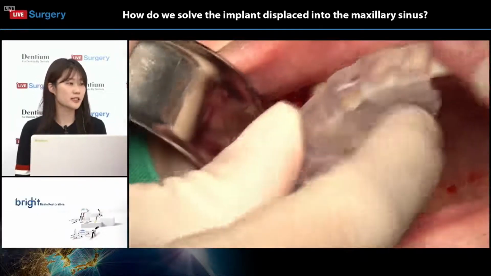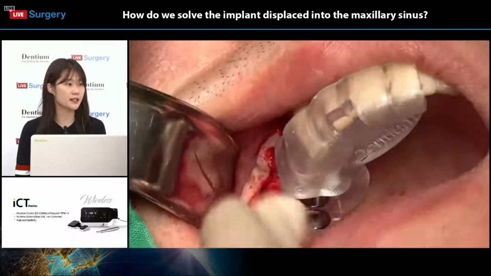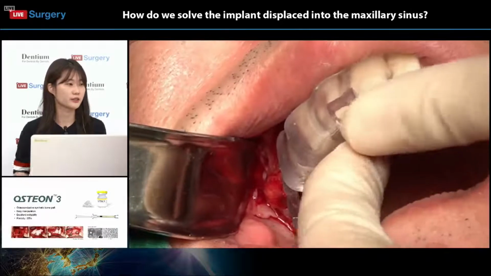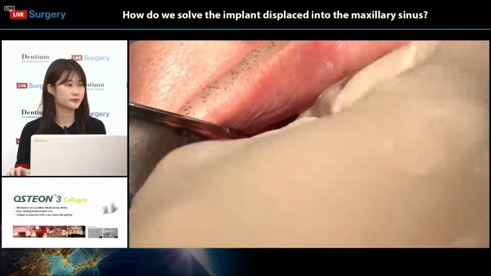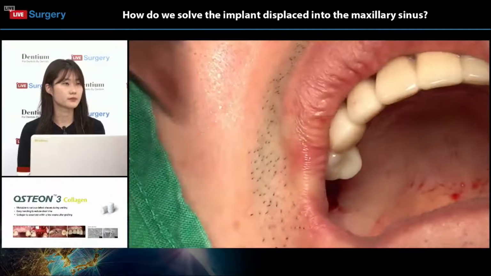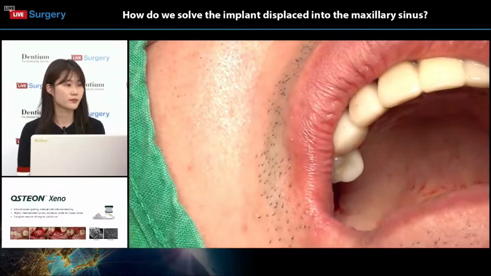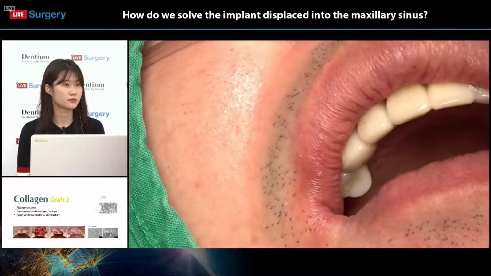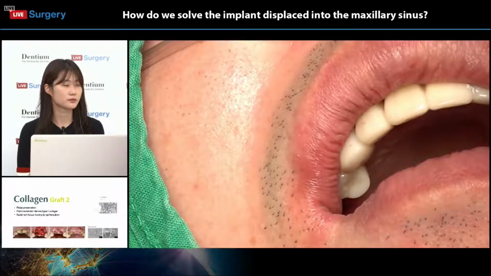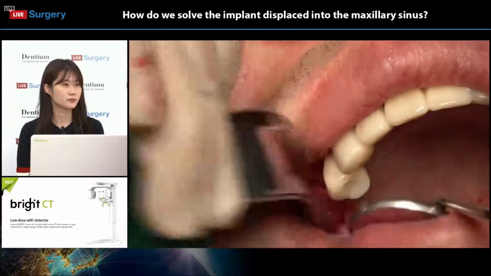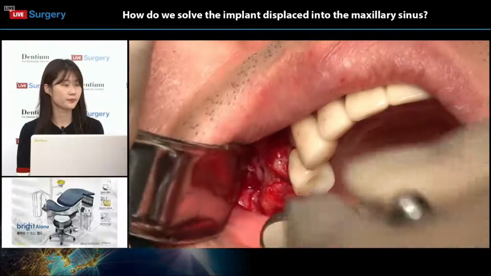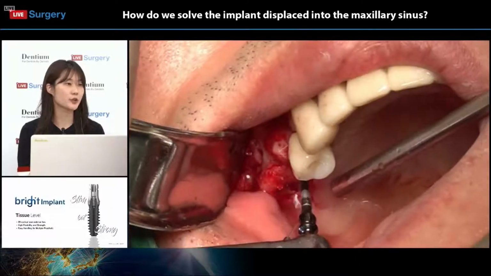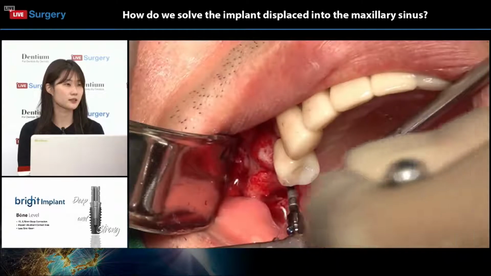After the tricky process is finished, the surgical guide is being seated again to check the planned site for the fixture. Now the surgeon is proceeding to the drilling process.